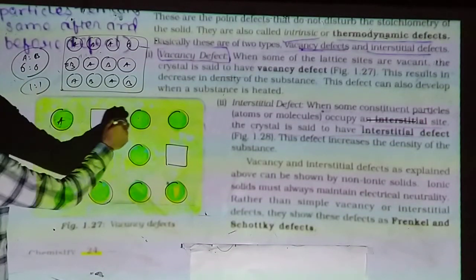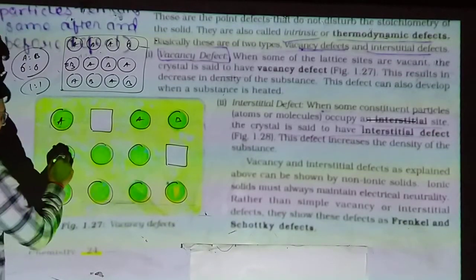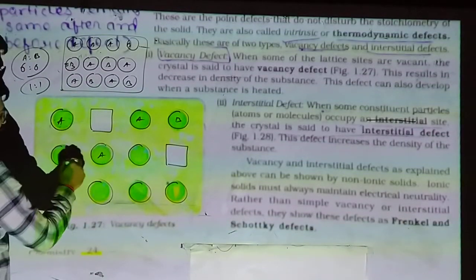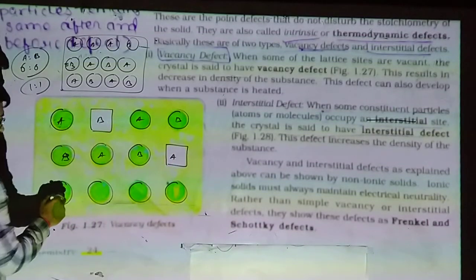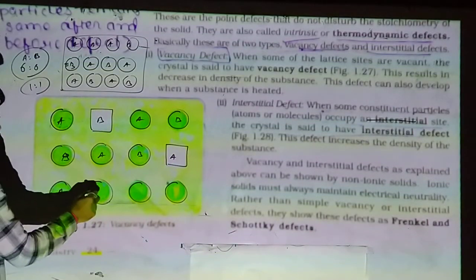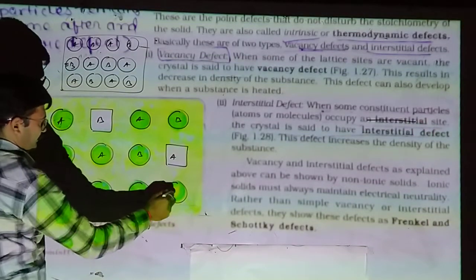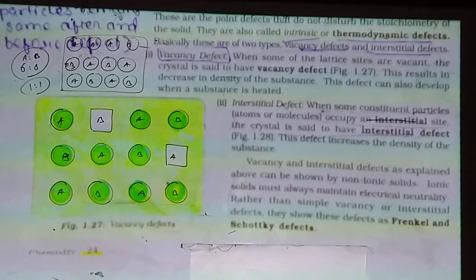A, B, A, B, B, A, B, A. You can see here 12, 6 A and 6 B are present before heating. After heating, one A is removed and one B is removed.